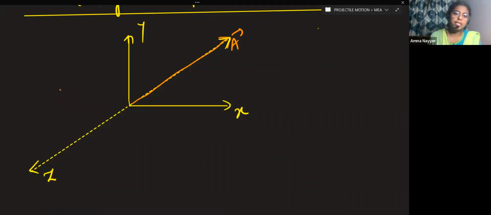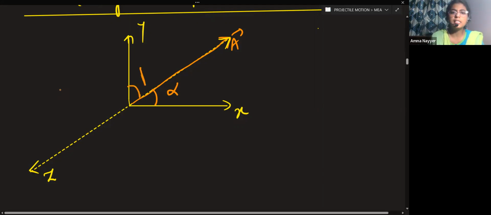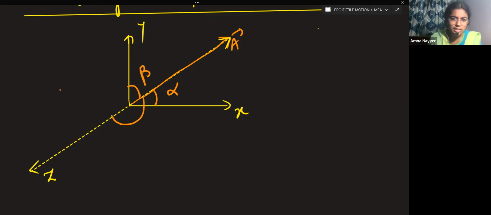Let's take the angles. This is alpha, the angle between your vector A and the x-axis. Then this is, let's say, beta, the angle between the vector and the y-axis. And let's say between A and Z, this angle is gamma for our calculations. Fine. So alpha is the angle of A with respect to x.